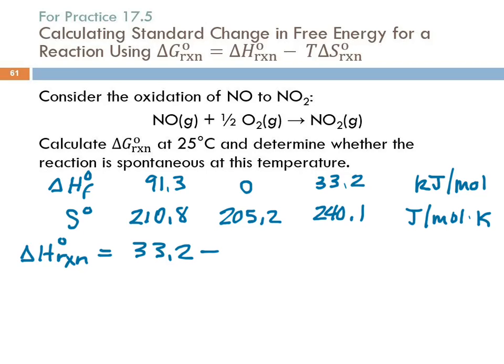Then we're going to subtract 1 times 91.3 and half of 0. This one is 0. So that ends up being kind of simple there. Except the first time I did this at home, I did it wrong and came up with the wrong number, and that messed everything up. So this ends up being minus 58.1. What are the units on that?